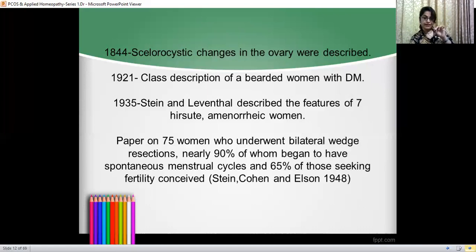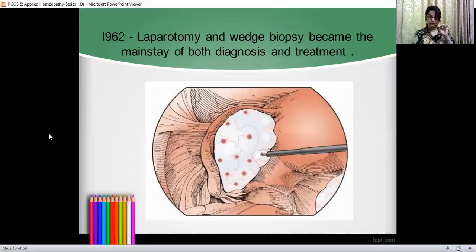Normally called ovarian puncture, which is the treatment given by modern medicine. Next, in 1962, laparotomy and wedge biopsy became the mainstay of both diagnosis and treatment. See here, they do the ovarian puncture, also laparotomy.